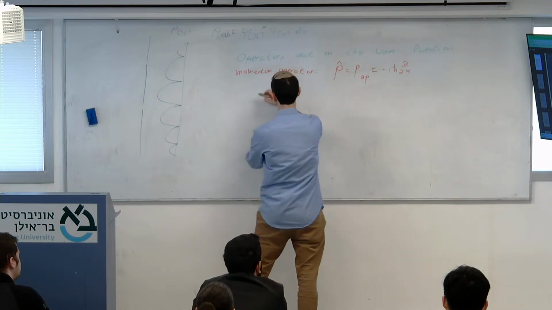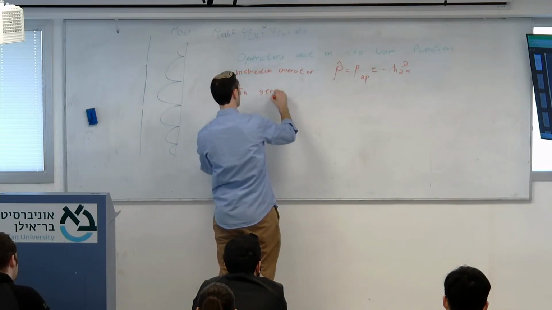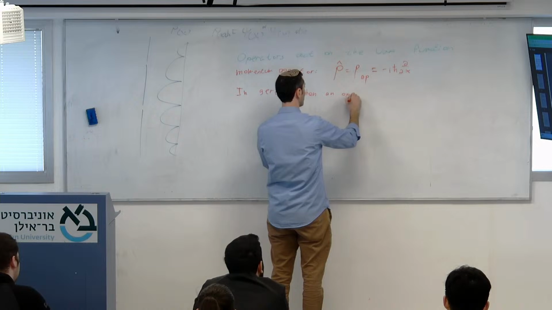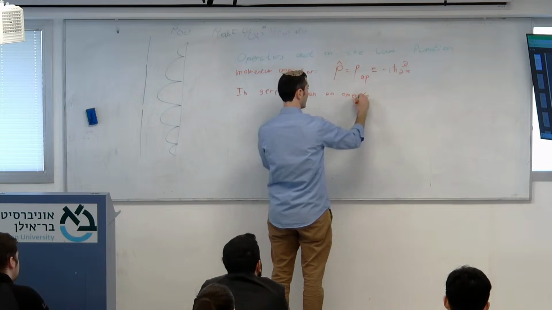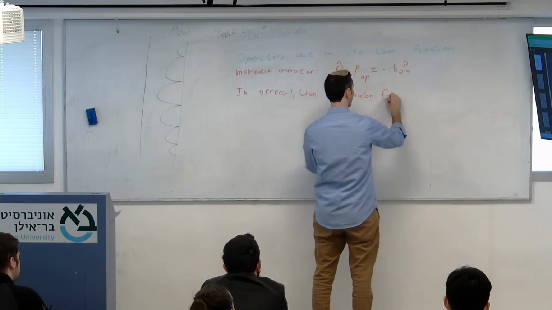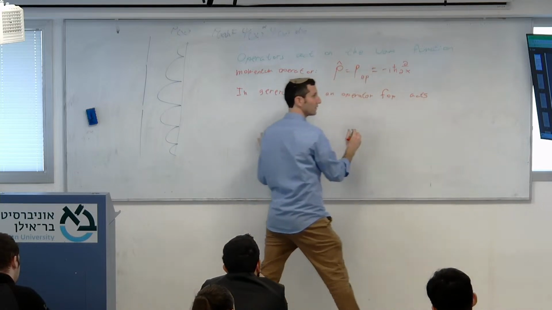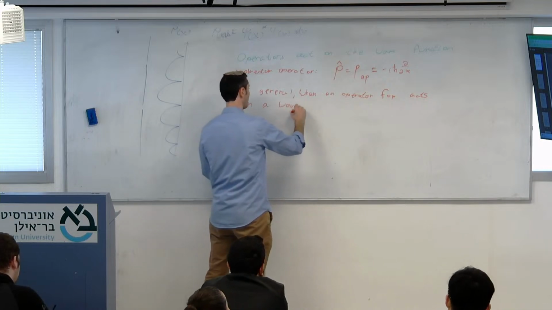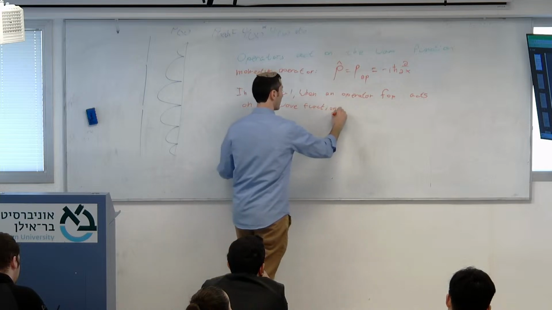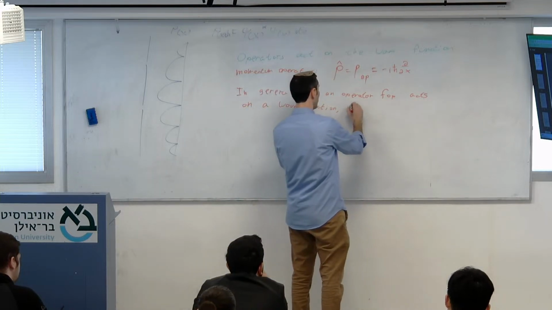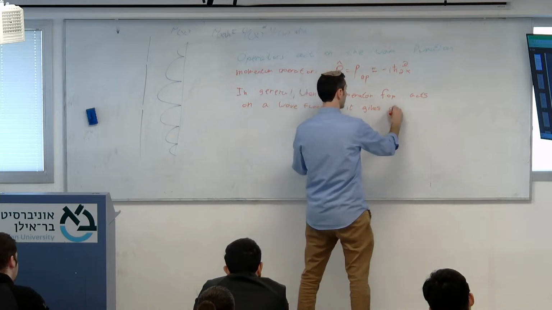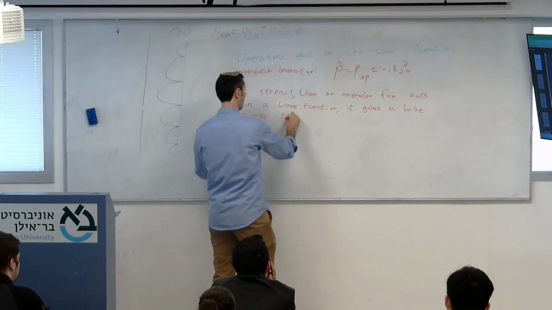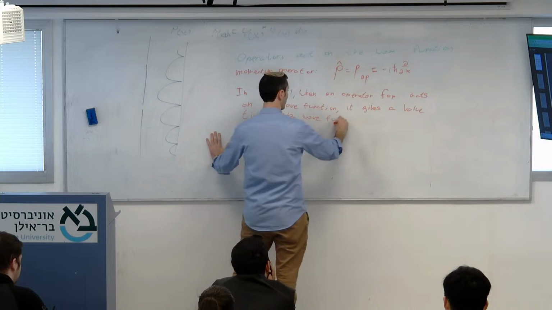in general, when an operator f acts on a wave function, it gives a value times the wave function.